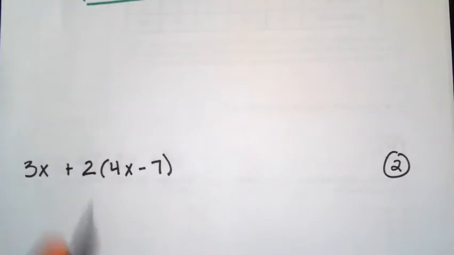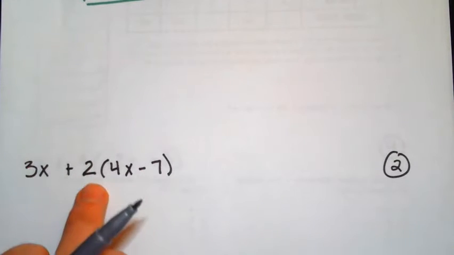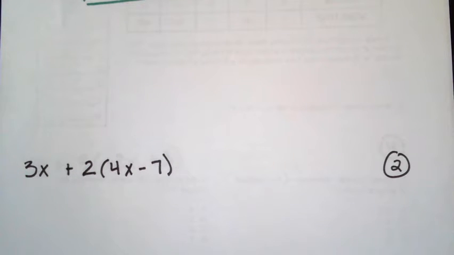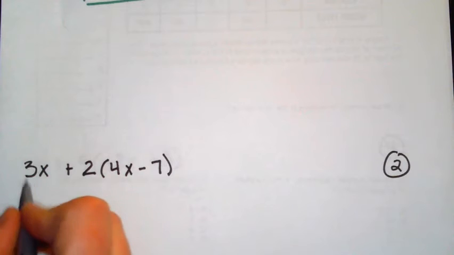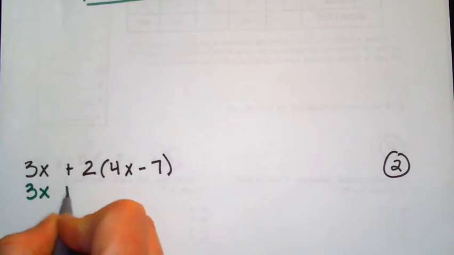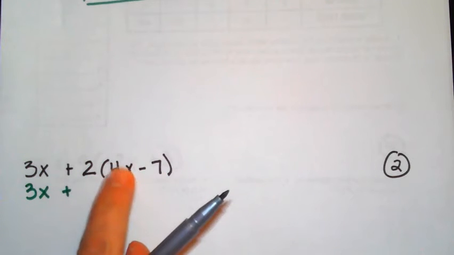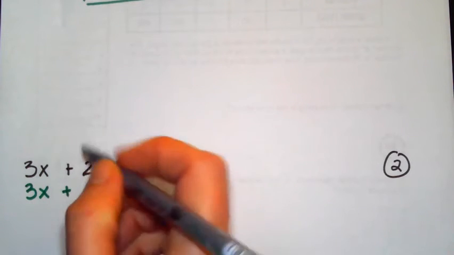This next one, we have the 3x plus. This guy's just got to wait and hang out until 2 goes in and multiplies with 4x minus 7, gets them out of the parentheses, and then we should be able to do some combining. So 3x and the plus, they just drop down. They're waiting to do something, but they can't combine with any of this yet because the other x term is caught in the parentheses.